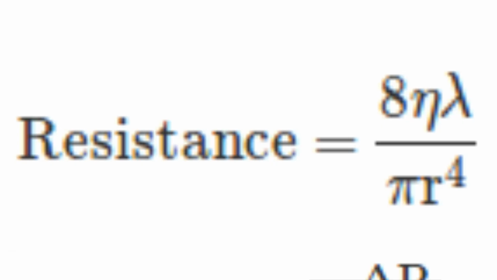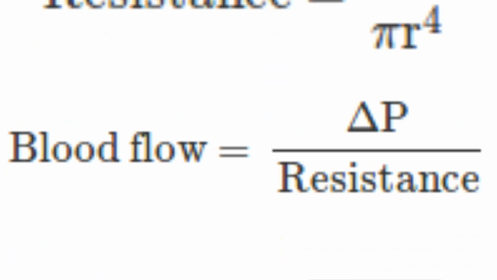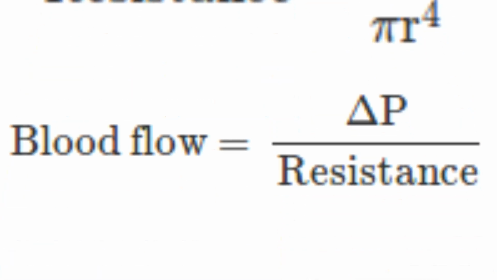So we can play with blood vessel diameter, for example, and make huge changes in blood flow from small changes in diameter and resistance. And that's the basis of a lot of what we have to control blood flow. The important aspects of the equation I just showed you can be boiled down really to just this.